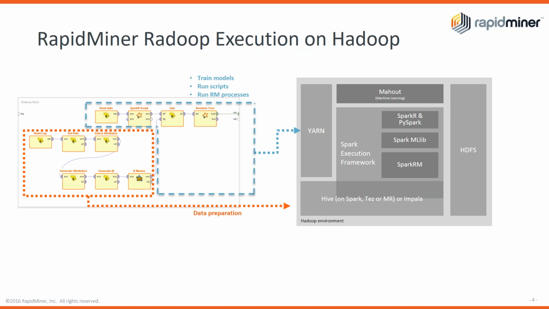We can take our RapidMiner processes, sometimes one single operator, sometimes a full subprocess, and send them to Spark for execution, and also, by the way, in a parallel way, so we can really make use of all the power in the Hadoop environment. We'll see now in the demo how that exactly works, and that's the main change we have added, right? And that I wanted to share with you.